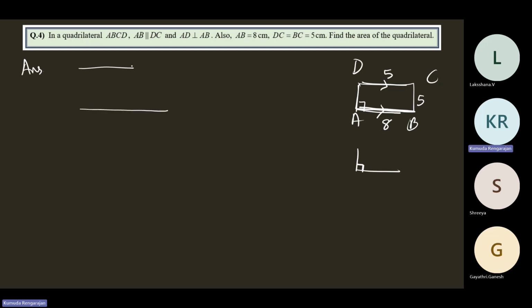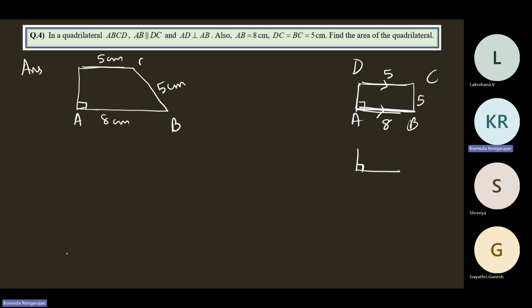And this one is perpendicular, so I take a straight line like this. Why is this one so small? Because this is 5 and this one is 8. Then I connect this like this, and this is also 5 only. So like this, we have A, B, C.